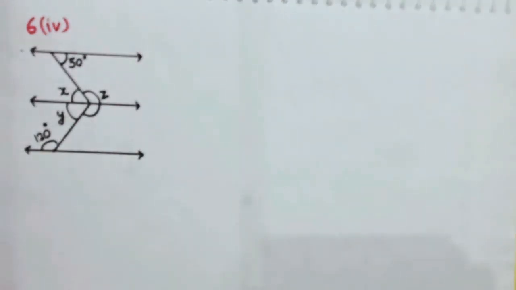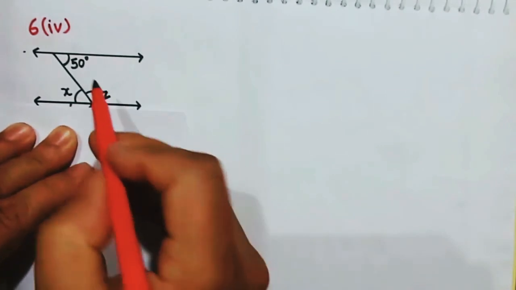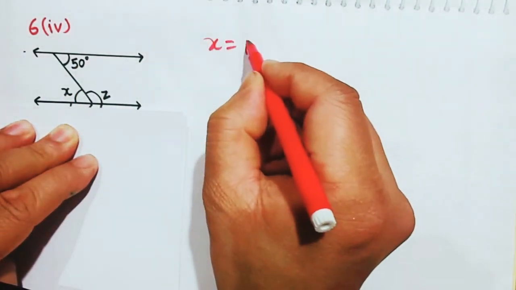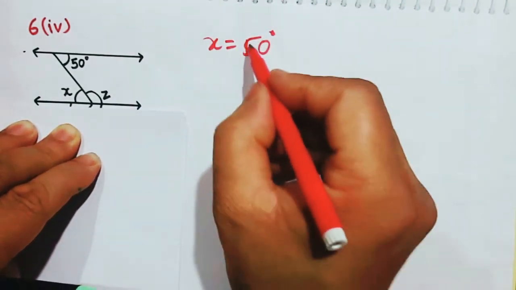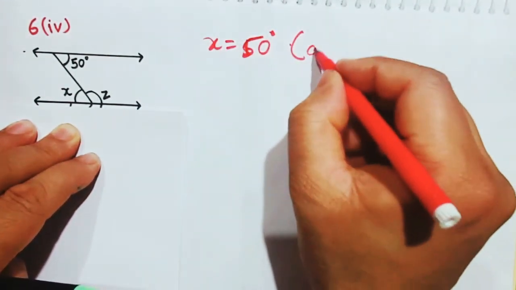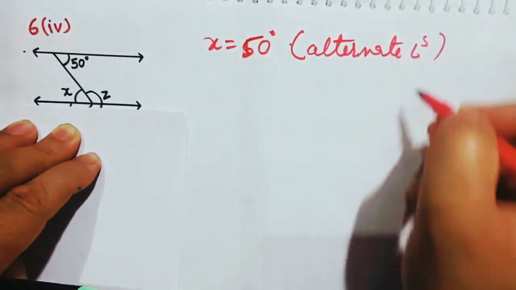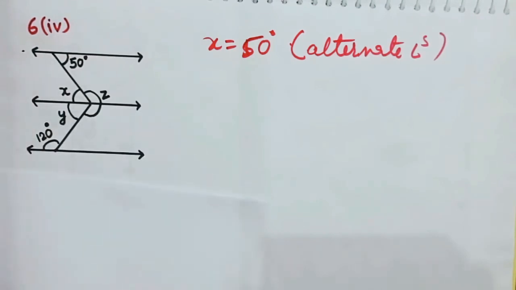Don't you think that if I cover this one, don't you see that x will be equal to 50 degrees? Why so? Because they are alternate angles. Very good.